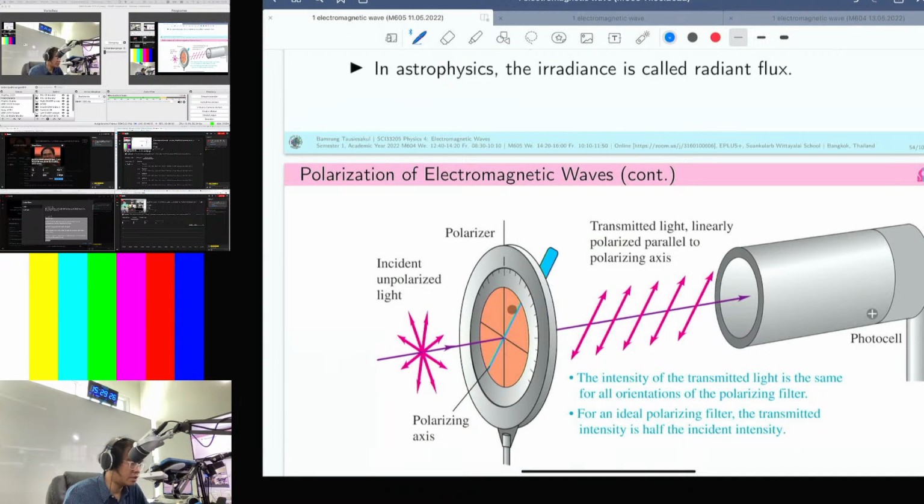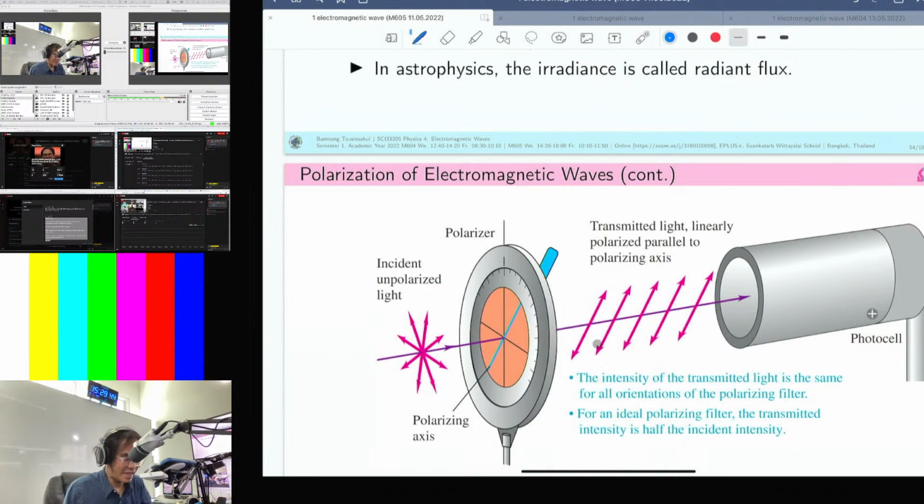And here is the filter, the polarizing filter, or simply speaking, the polarizer. Here is the polarizing axis controller. If you lay out your knob like this, it's tilted a little bit.